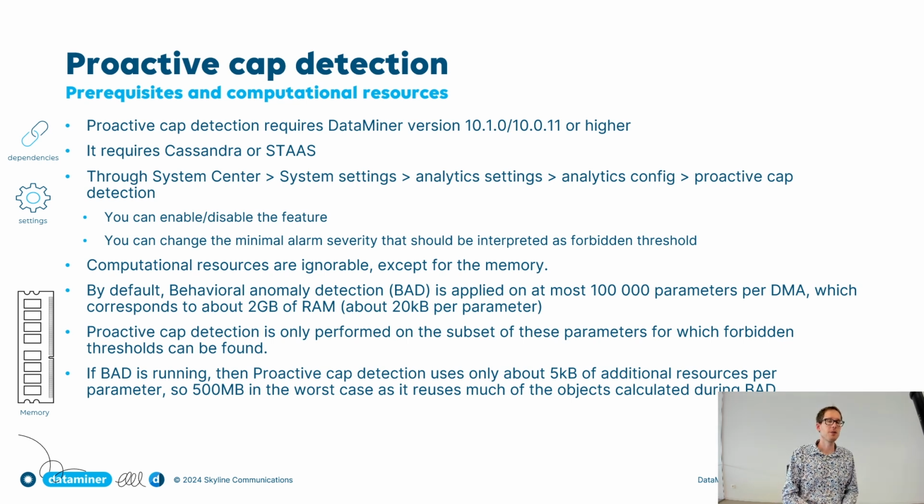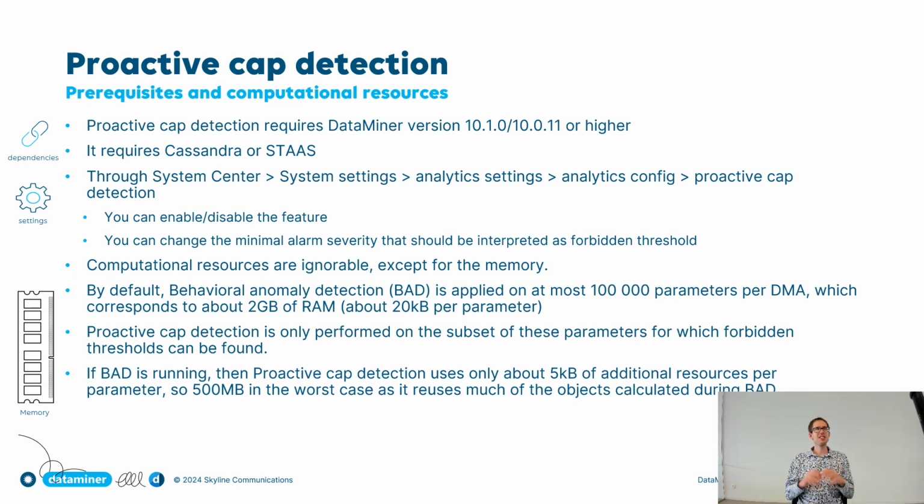What about resources? Well, computational resources are ignorable, but there is something to be said about the memory usage of this feature. To explain that, let me just say a few words first about another of our features called behavioral anomaly detection. Tobe is going to talk about that next week.